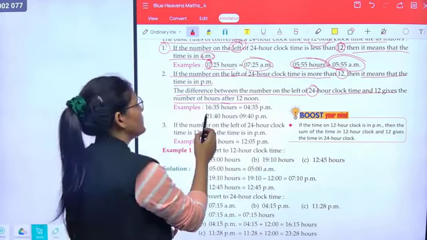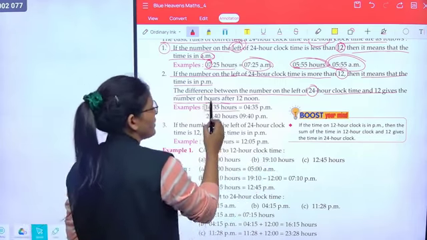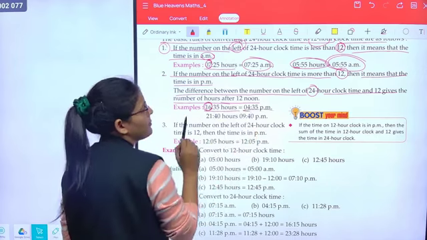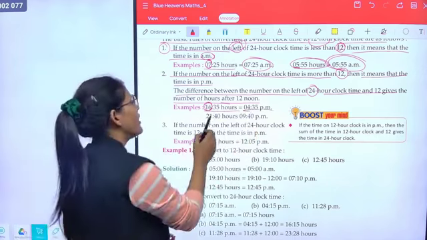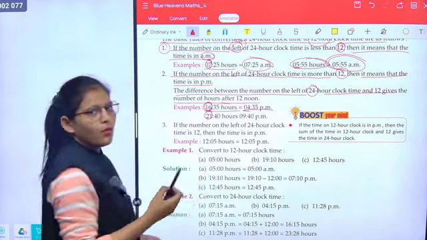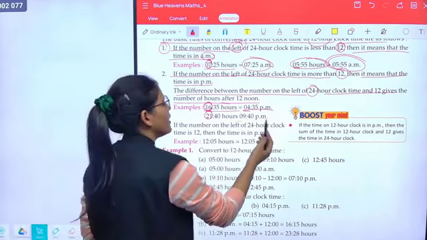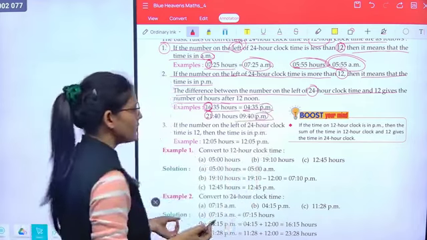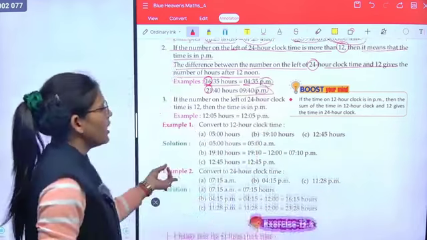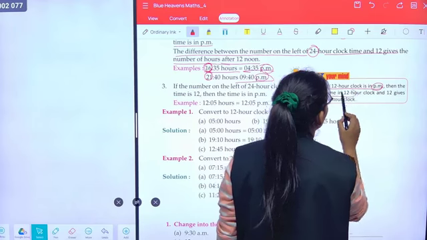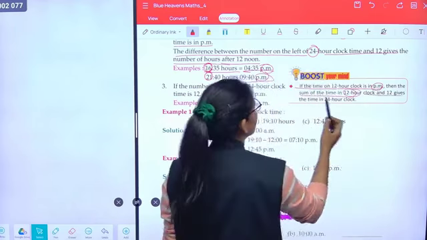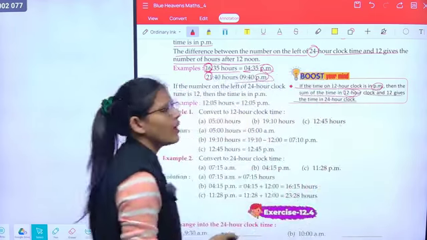So 16:35 hours means 4:35, means ये PM है. Okay. Now again more than 12, again 21:40 means PM. If the time on 12-hour clock is in PM, then the sum of the time in 12-hour clock and 12 gives the time in 24-hour clock.